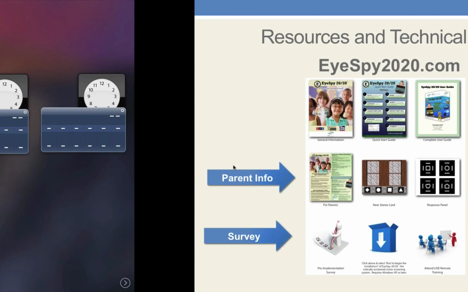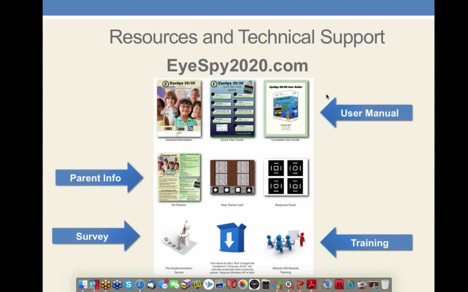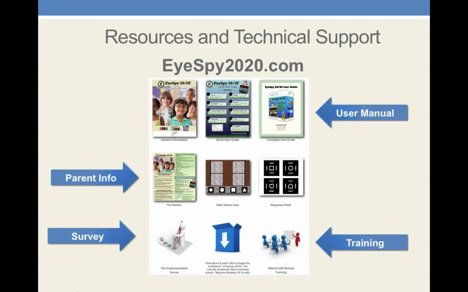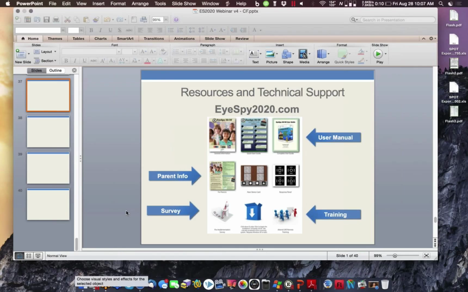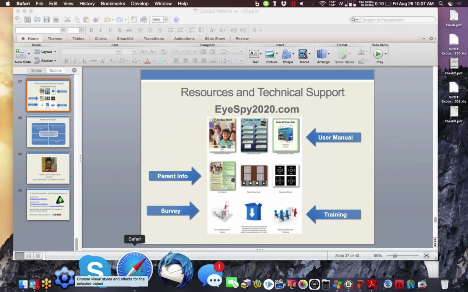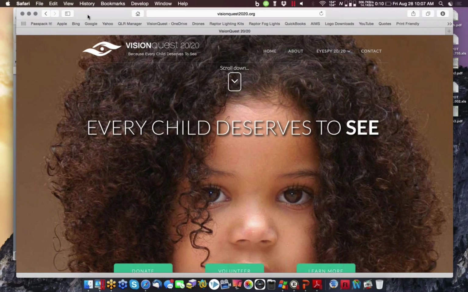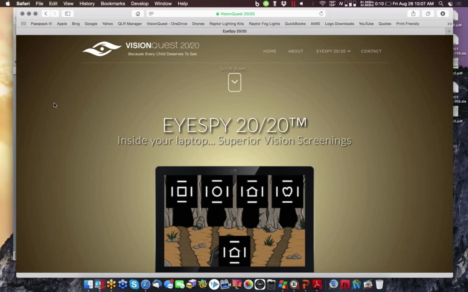If you go to EyeSpy2020.com, which actually I want to show you what it looks like. EyeSpy2020.com, let's see, how do I do this? You'd think I'd be more fluent. Let's see if I can pull it up. EyeSpy2020.com will take you to this specific page within VisionQuest2020.com.